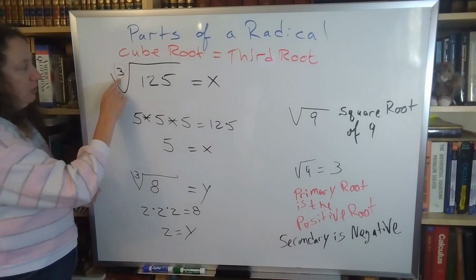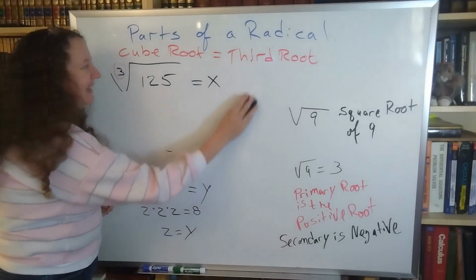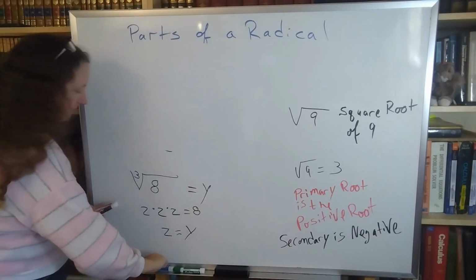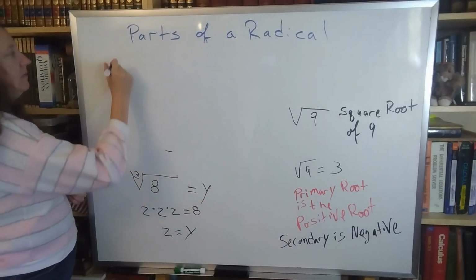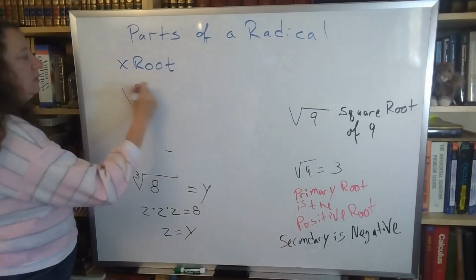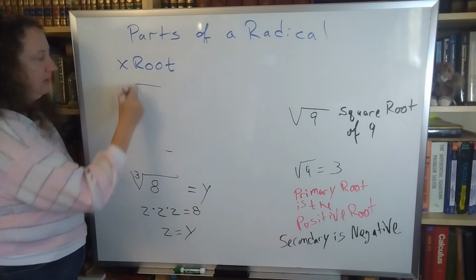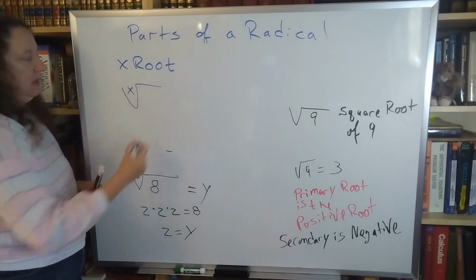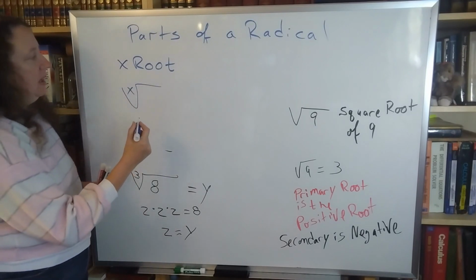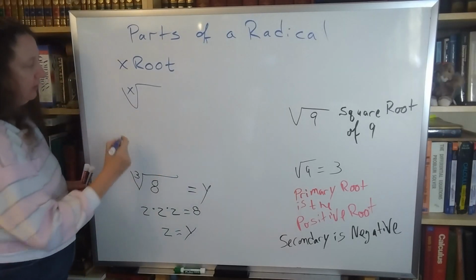If you don't have a cube root written directly, you may also have instead an X root. And that will look like X root. So the X in the valley and your radical symbol being the root symbol. If you have that, then you will need to figure out something like this.